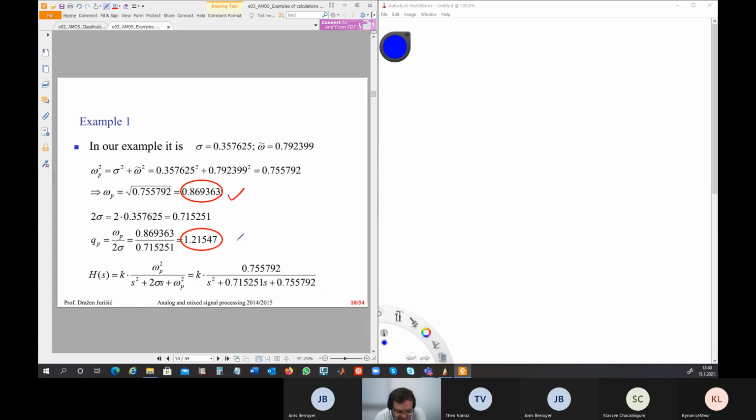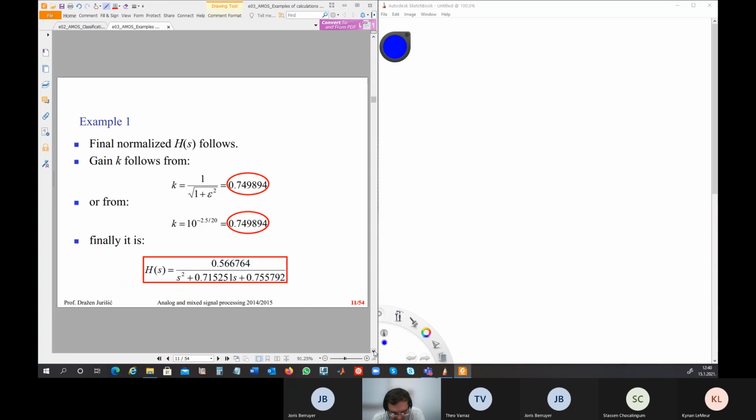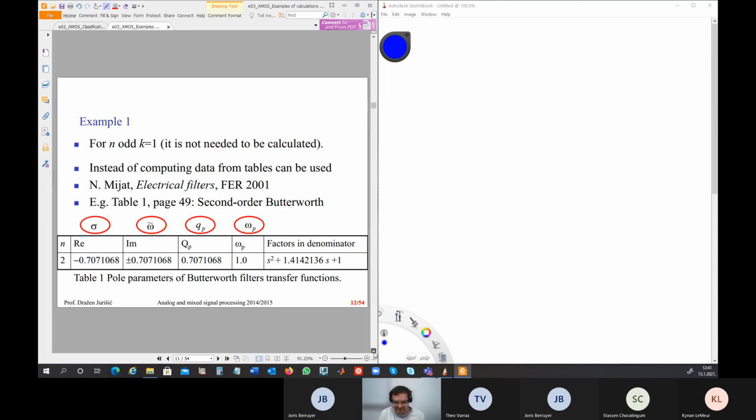Okay, now here are the values in our example. Here is omega, its QP, and you must introduce it here, and finally at the end you add the K. So K is obtainable in two ways. Everything is correct, and here finally you have the H of S in the normalized form. So this is a second order low pass Chebyshev filter in the normalized form of 2.5 decibels.